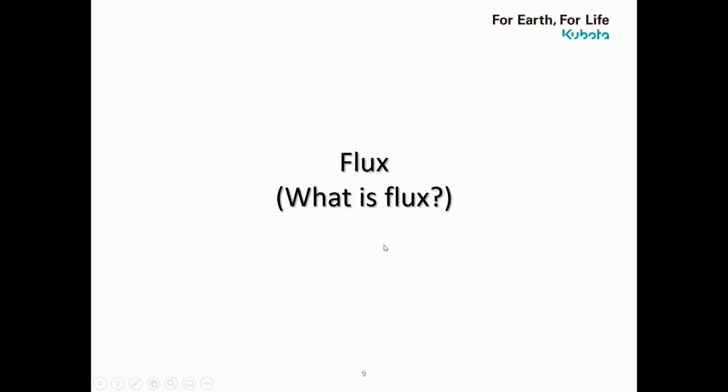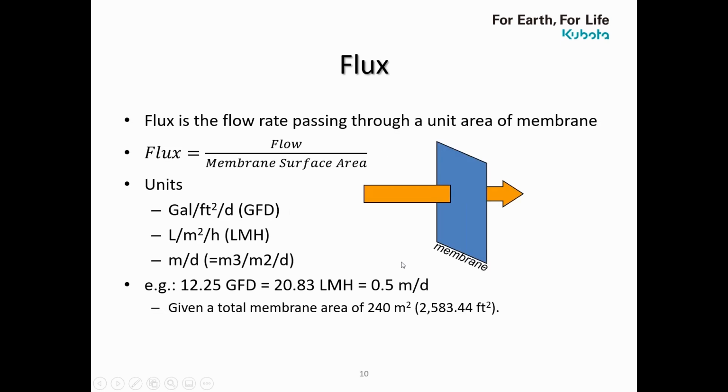So let's go with the flux rate. What is flux rate? If you take an operator certificate test at some point, you might want to know this. The flux rate is the flow rate that goes through a certain square foot of membrane surface area, so the unit is gallons per square foot per day.